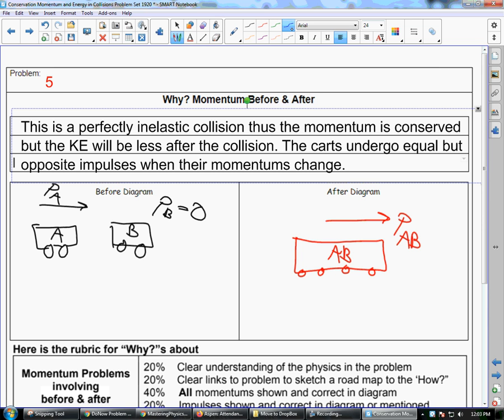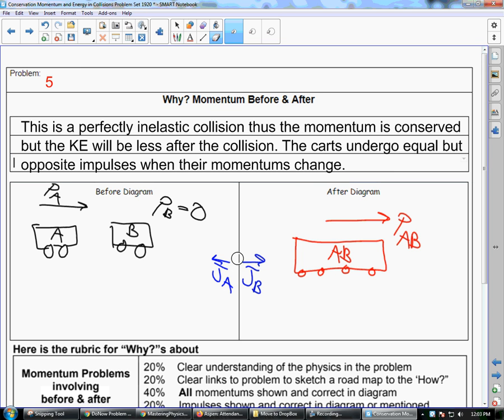I could actually add my impulses in there and say the impulse on B is equal and opposite to the impulse on A. I don't like to build problems. Alright, so I could draw those in there, but yeah, I would do it for the Y. Good? And I think we hit all our rubric points there too.